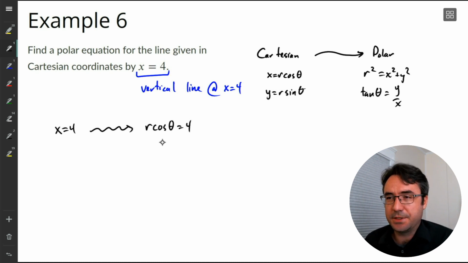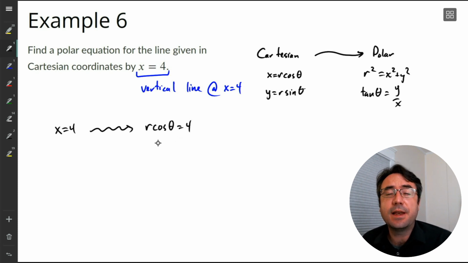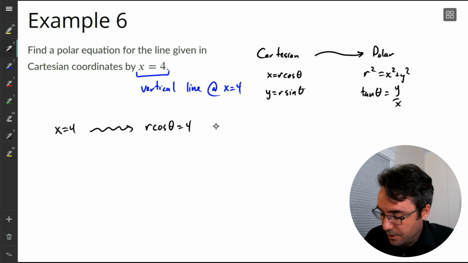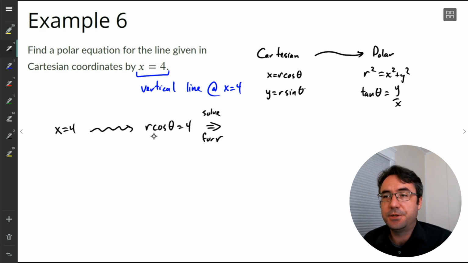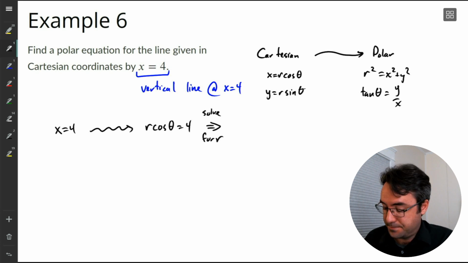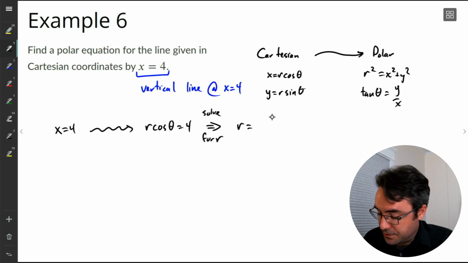We're going to see more examples like this next time, where we have r is equal to. So let's solve this for r. Not absolutely necessary here, but usually helpful. We're going to divide both sides by cosine theta, so we get r is equal to 4 over cosine theta.